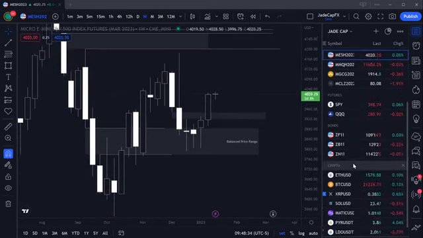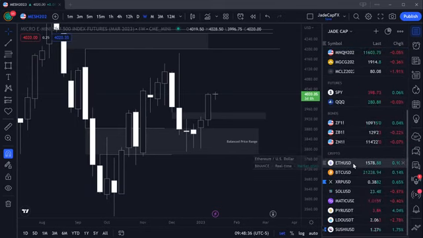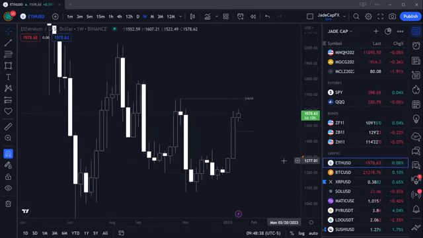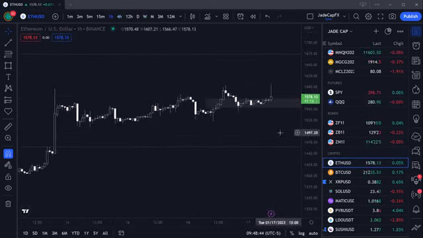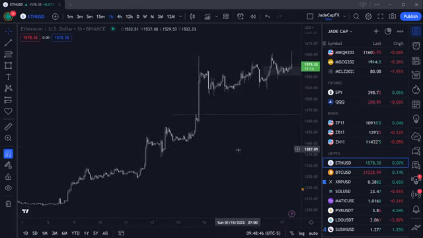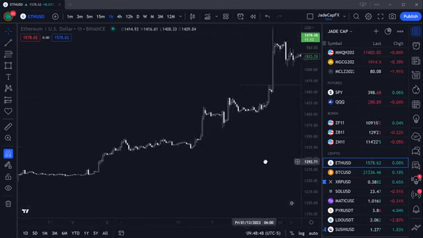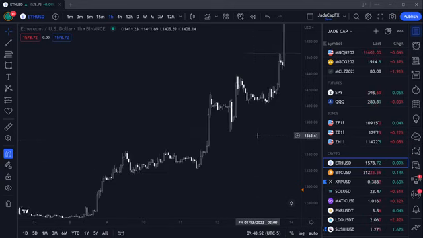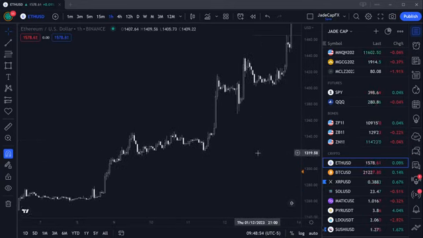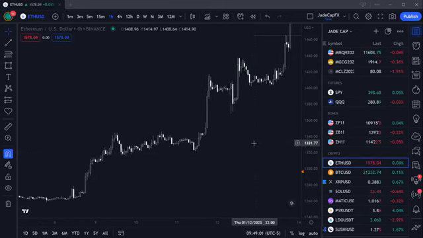Now let's see if we can go into some other markets. Let's see if I'm in an Ethereum trade right now. These inefficiencies are everywhere. They're on a 1 hour time frame, they're on a daily time frame, they're on a weekly time frame, they're on a 5-minute time frame. Yes, a 5-minute time frame, a 1-minute time frame.